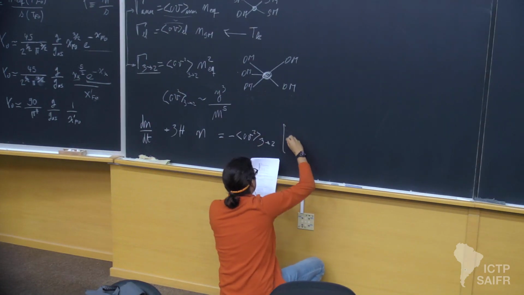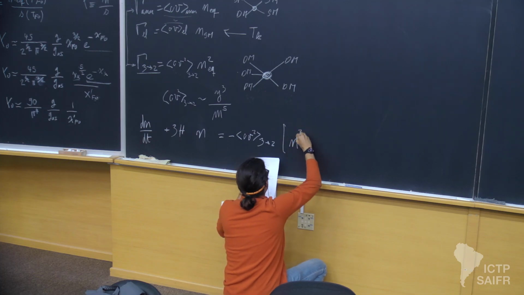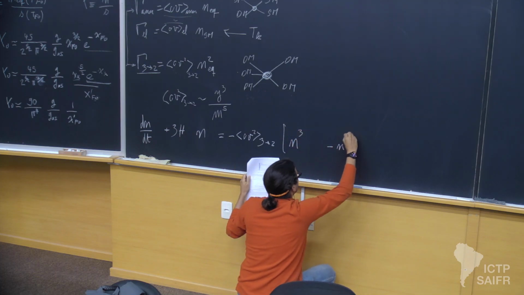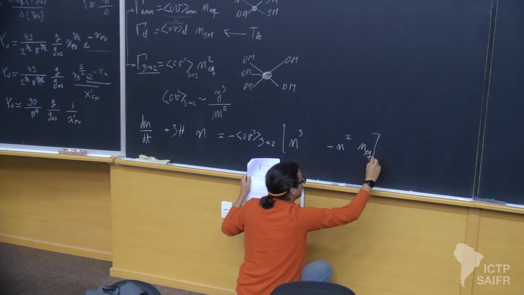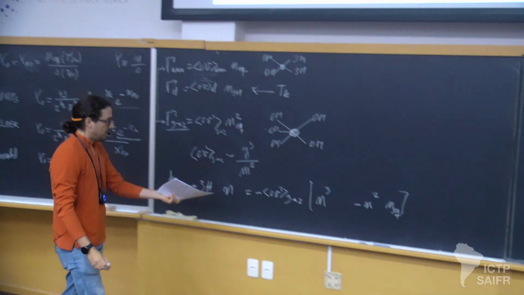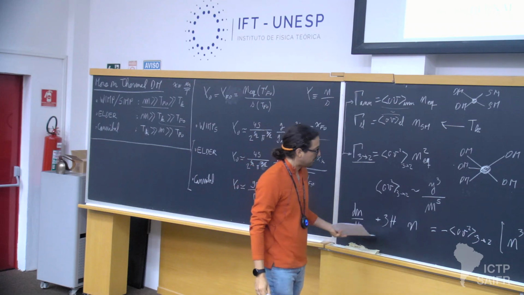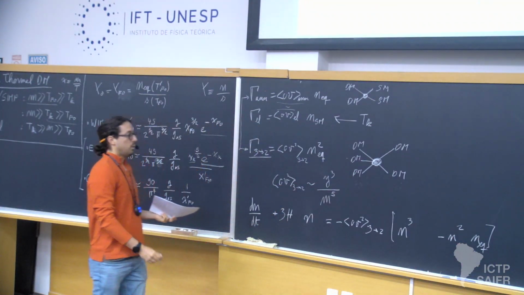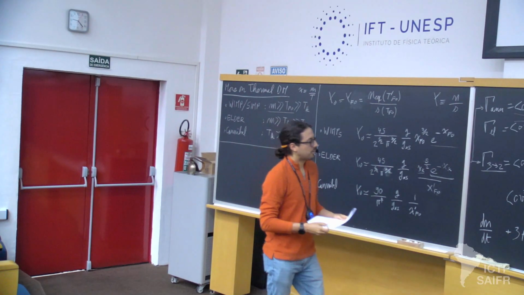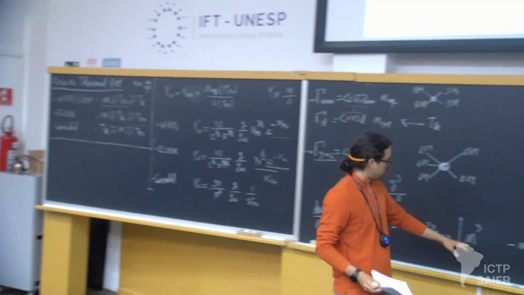And now I have 3 dark matter particles, so n cubed minus n squared times n equilibrium. So it's different. The Liouville operator is exactly the same. The collision term is different because the particle physics is different. But you can understand the structure.